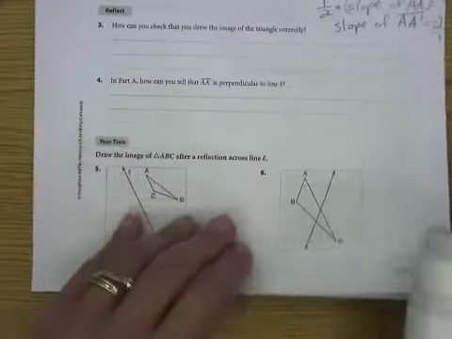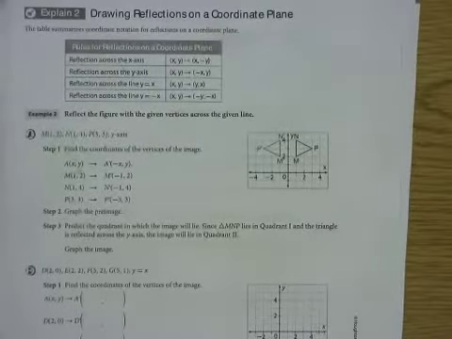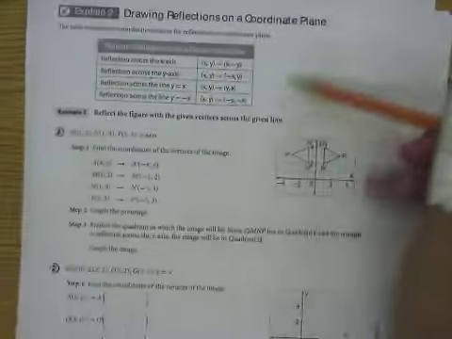In addition, you could use this definition of a reflection. You could determine that line L is the perpendicular bisector of A A prime, B B prime, and we don't have to worry about much with C.